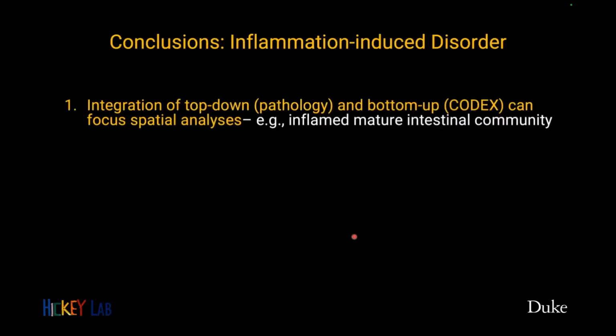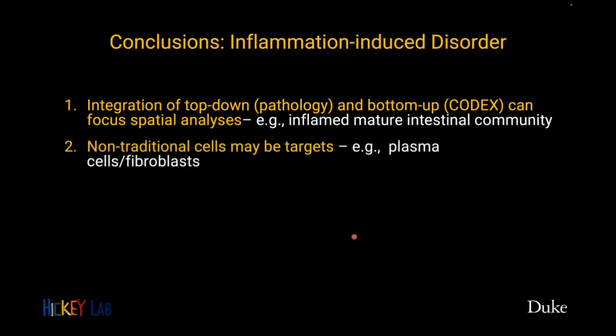So just to conclude this part, we integrated a top-down and bottom-up approach where we're taking traditional pathology to guide what we're doing in these spatial omics studies, but also going back and forth between these to learn from each other. And what we've learned is that these cancers could be a problem of the microenvironment just as much as they are a molecular problem.